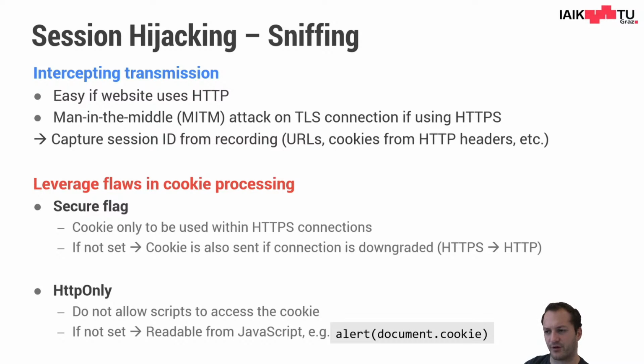Or if the HTTP only flag is not set, then the cookie is accessible by JavaScript. And in most cases, there is no need to actually have this, so that something like this is possible.